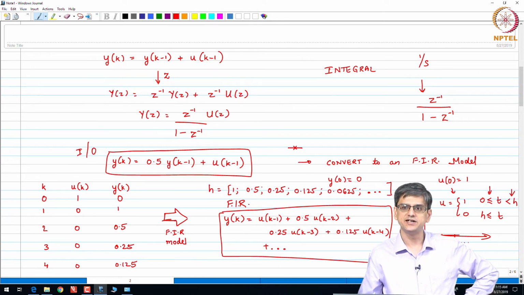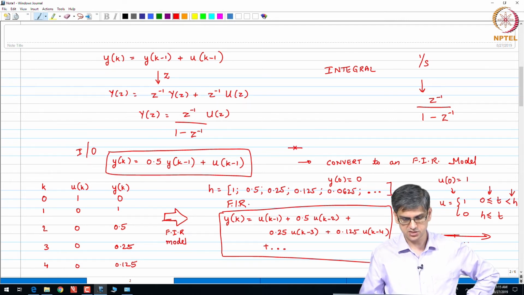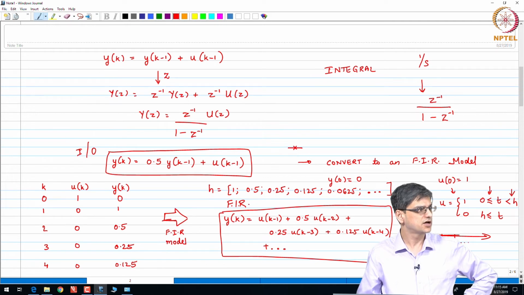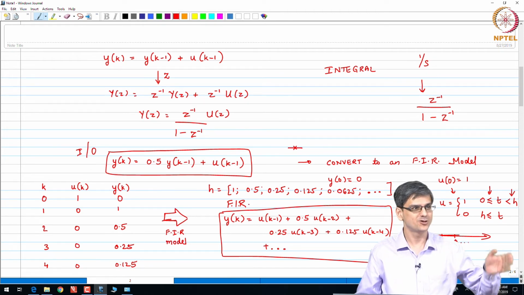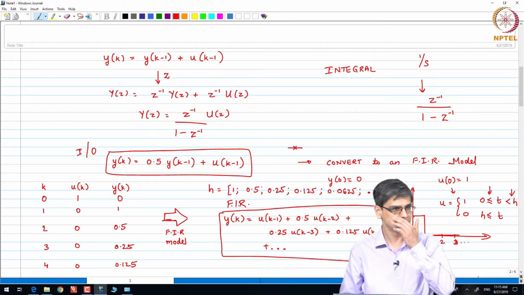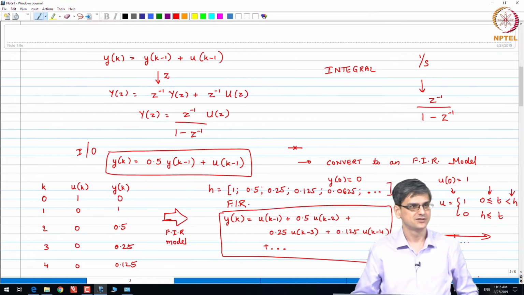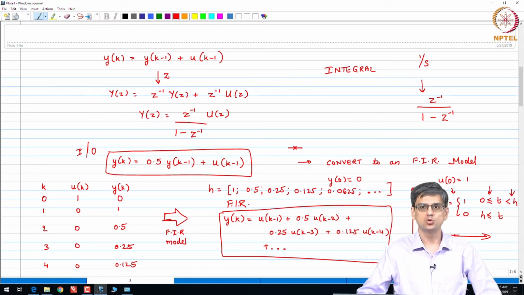We'll probably need 10 to 12 FIR coefficients. On the other hand, we required only 2 coefficients when it came to input output models. What are the 2 coefficients? 0.5 is one coefficient and 1 is the other coefficient. Although I have not written that, 1 is implicitly assumed. So, just 2 coefficients against 10 to 12 coefficients.